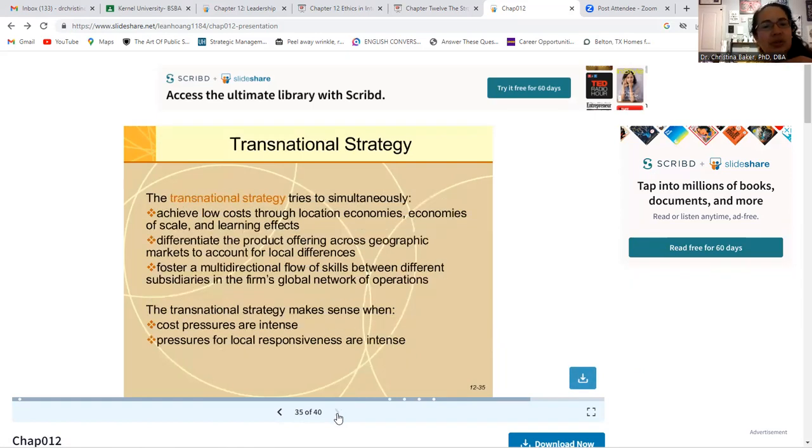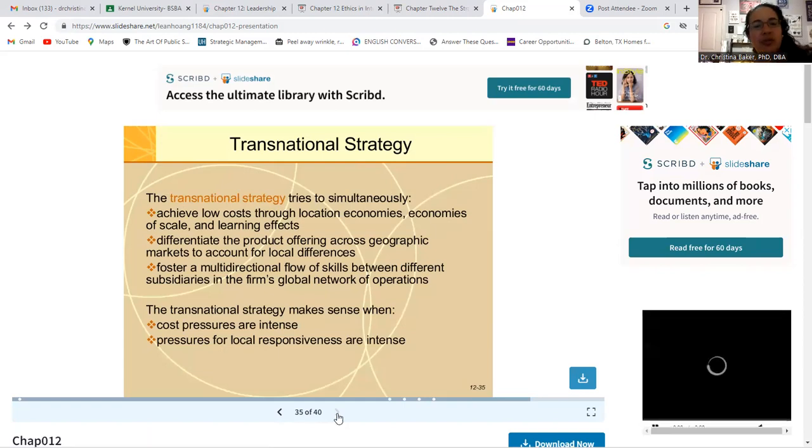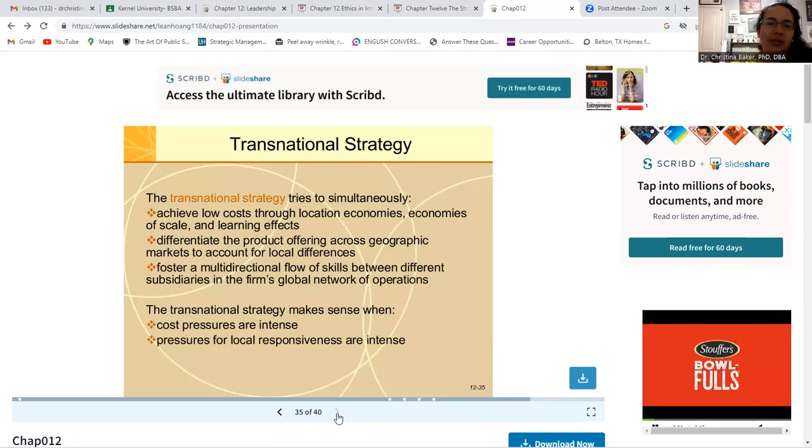The transnational strategy tries to simultaneously achieve low cost through location economies and foster a multi-directional flow of skills between different subsidiaries of the firm's national networks of operation.